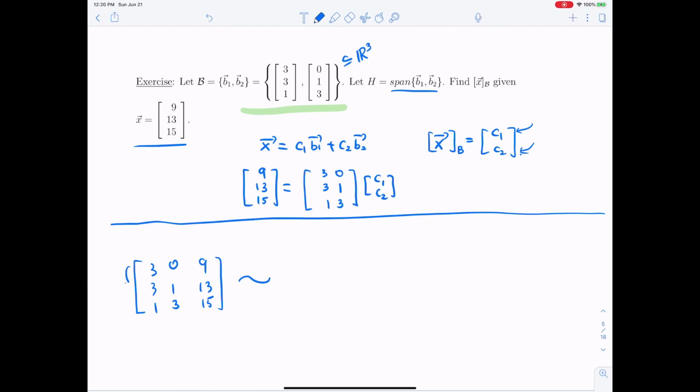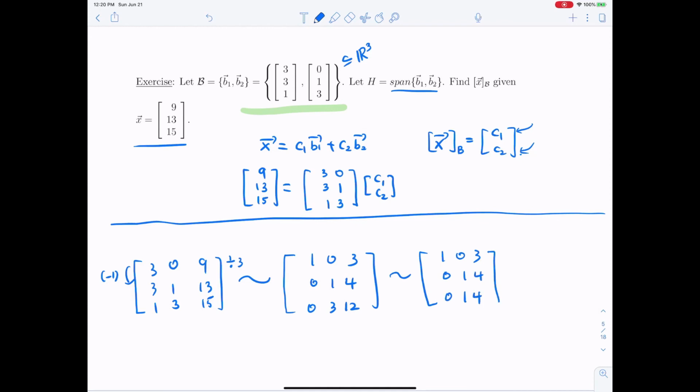Then if you subtract the first one from the second one, and then divide the first row, and then subtract that one from the last one, then that gives you, I guess, 1, 0, 3, 0, 1, 4, 0, 3, 12, which is row equivalent to 1, 0, 3, 0, 1, 4, 0, 0, 0.